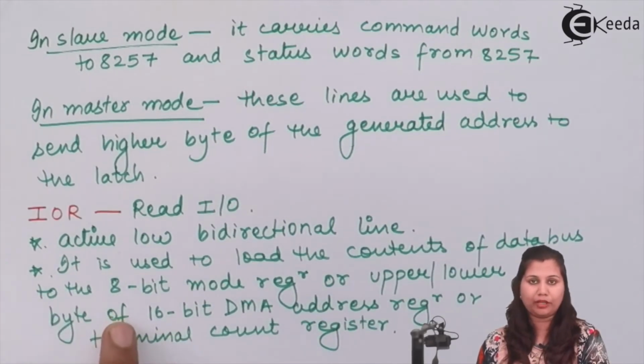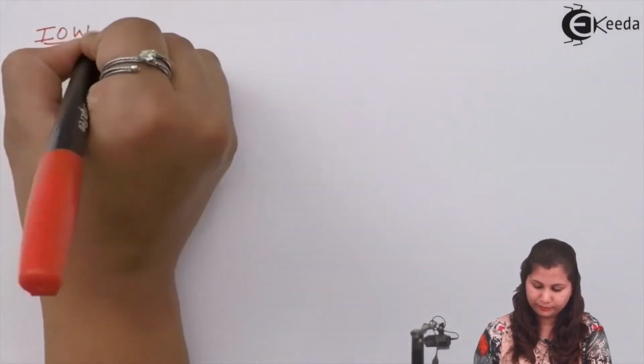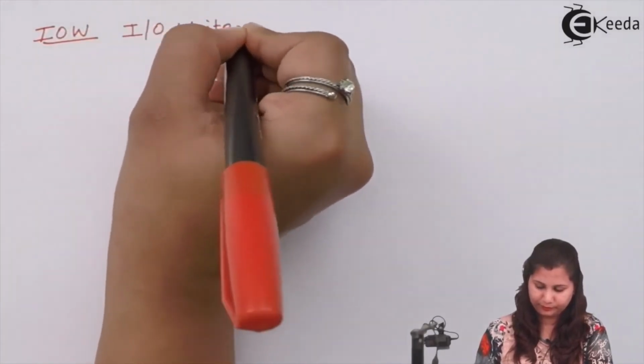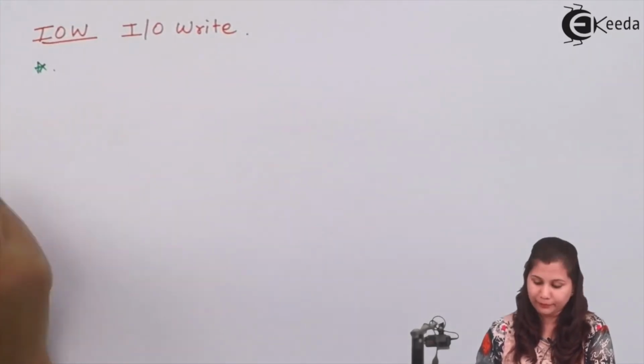Then we have input output write also, which is IOW. It's also an active low bidirectional input line.